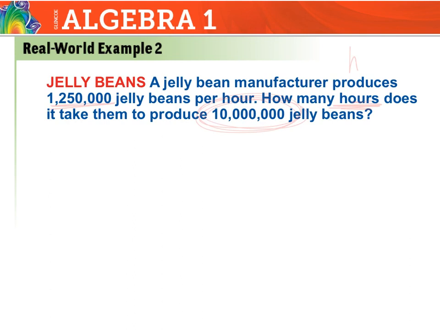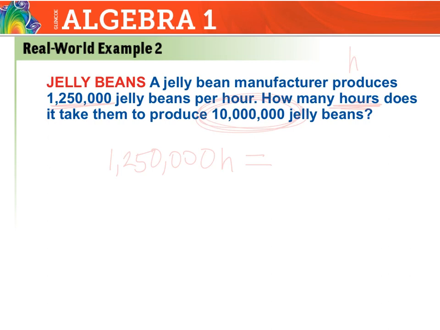All right, hopefully you're formulating a plan inside your head. Basically we're going to take this incredibly large number. Let me write this out, right? So 1.25 million, and we make that many an hour. So I'm going to put an H on the end of that. And we want to figure out how many hours, right?